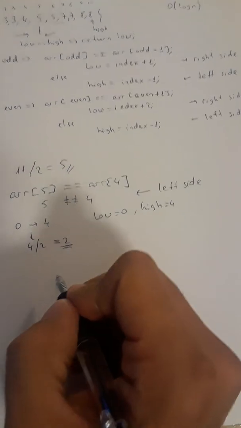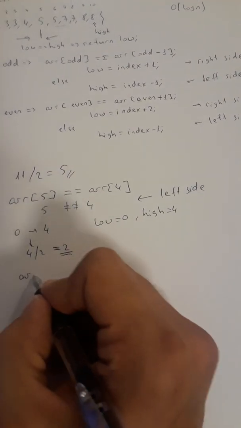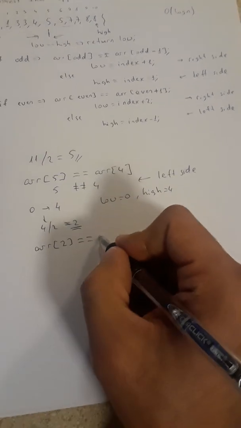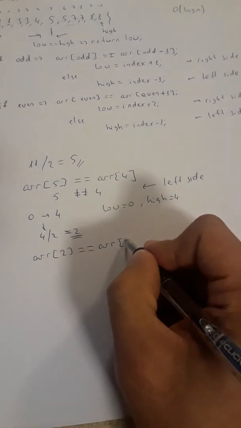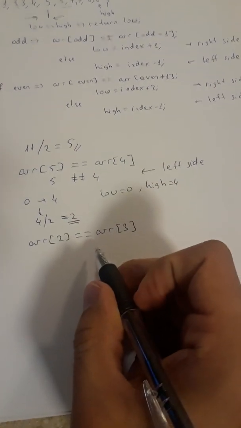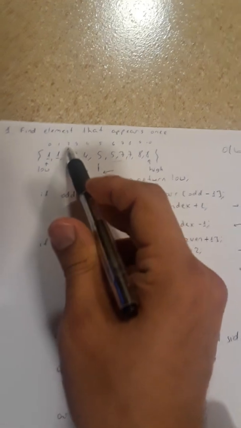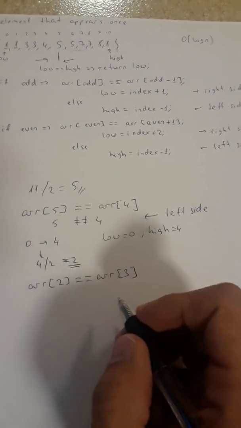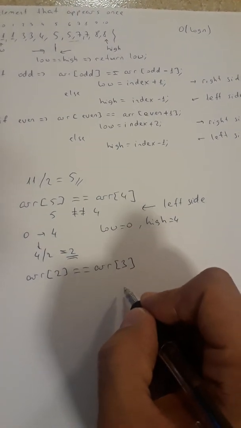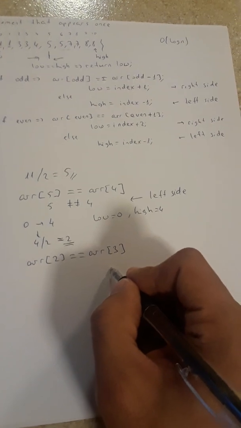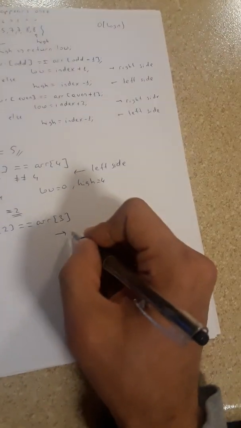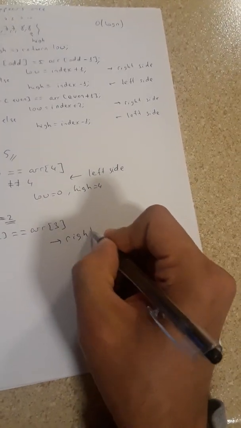We see that the index is even, so in that case we'll compare it with the next element at the third index, and we see that the elements at the second and the third indices are equal, meaning that the order is not broken. So we will keep our search at the right side.